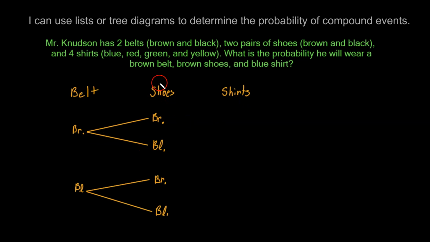And now for each pair of shoes, I'm going to have 4 shirts that I can use. So for each one of these, I'm going to have 4. So I'm going to move this up a little bit just to save myself a little bit of space. So I could wear a blue shirt, a red shirt, a green shirt, and a yellow shirt. So these would be the 4 outcomes for this right here.